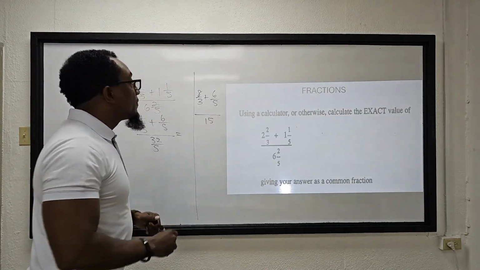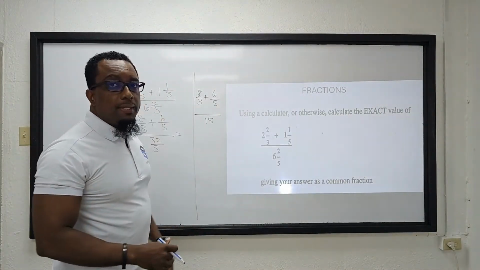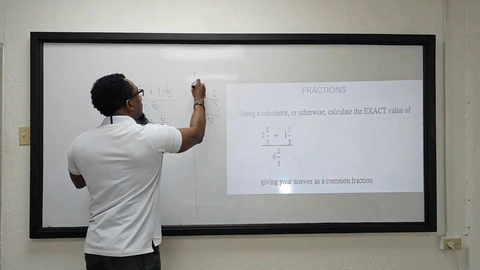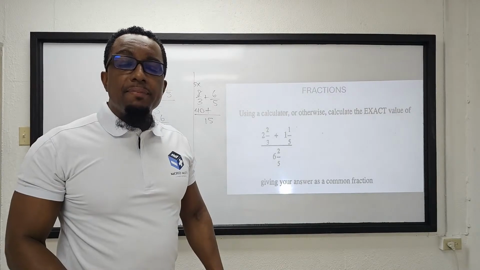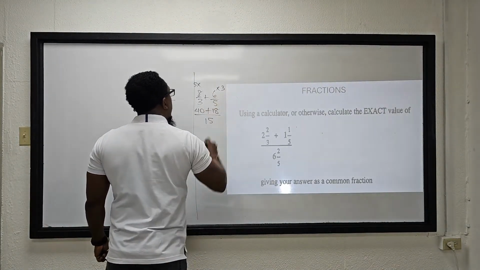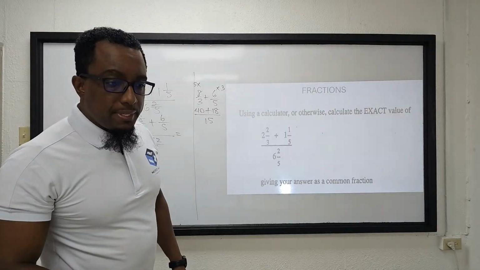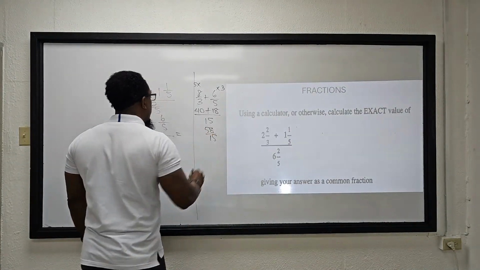The LCM of 3 and 5 is 15, so 3 into 15 is 5, 5 by 8 will give me 40, plus 5 into 15 is 3, and 6 by 3 will give me 18. So 40 plus 18 will give me 58 all over 15.